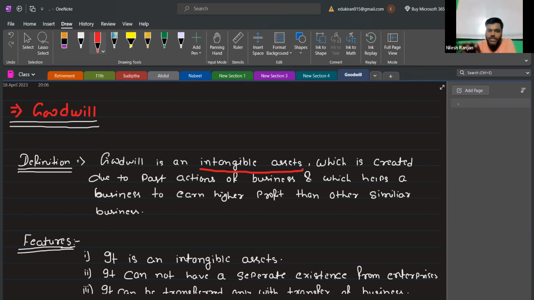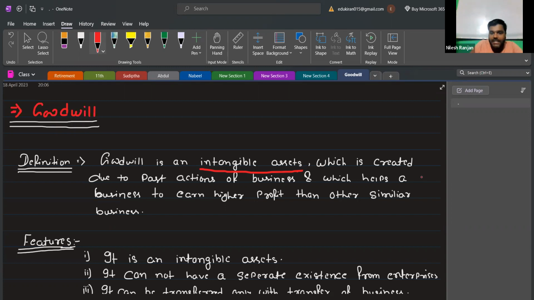Means goodwill helps your business to earn higher profit than other similar business. The same type of business in your area, and you are operating that business in the same manner as the other people are doing it, but you are earning higher profit than them. So it is due to goodwill: your good behavior, the location of your business, the quality of your product or service. These are the reasons which are written here.